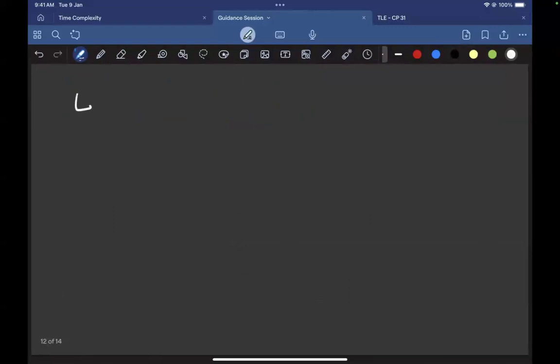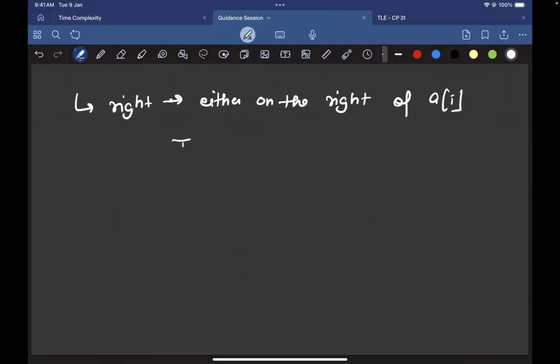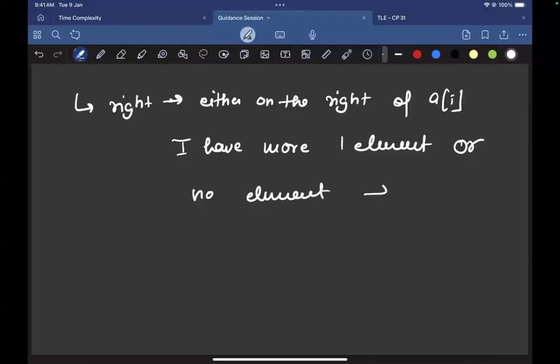I can say that if I want to find the right half, either on the right of AI, I have more than one element or 0 elements, as in no element, then I know right half is 0. Else, right half is A of I plus 1. Is this also right? Correct? Clear?